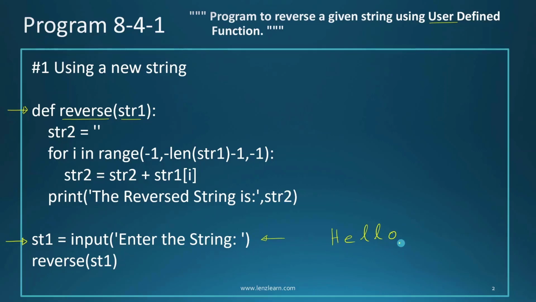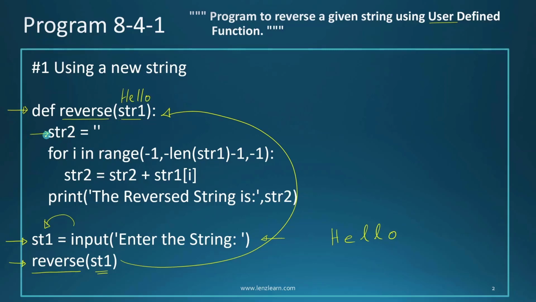First, this word hello will be stored into variable st1. After that, I'm calling my function reverse with the value hello stored inside st1. Now the control will go to our function, and there the parameter str1 will receive the string hello, which should be reversed inside this function.